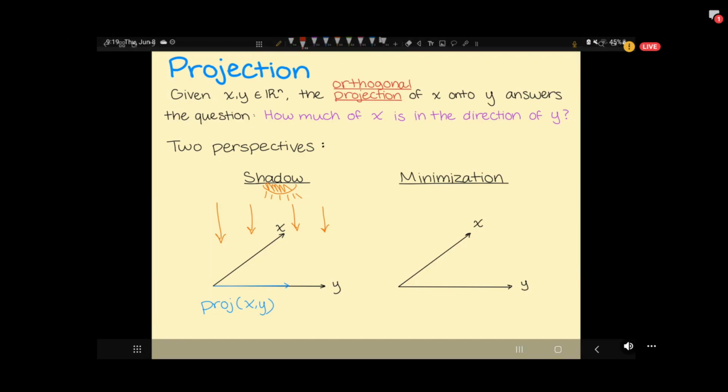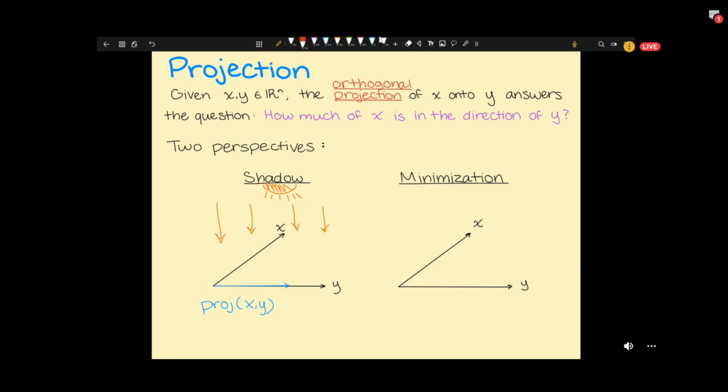The problem is, we're going to look at every scalar multiple of y, and we're going to look at the distance between this vector and x. So here's a scalar multiple of y, and we're going to look at its distance. We're going to ask, is this the minimal distance to x?